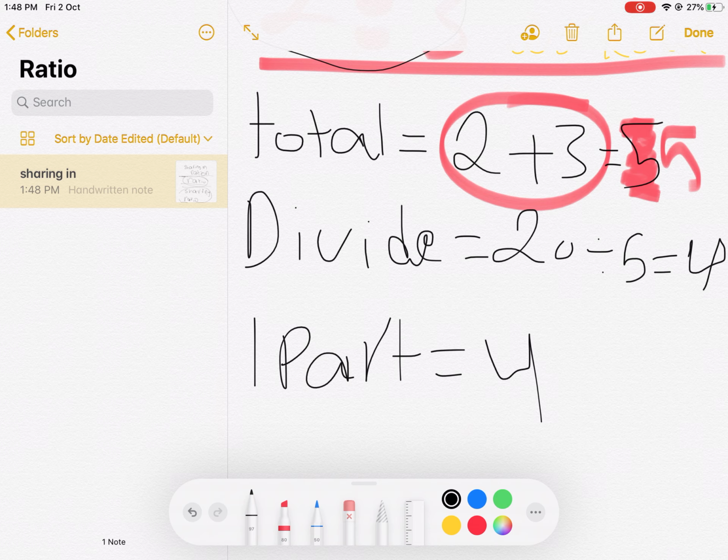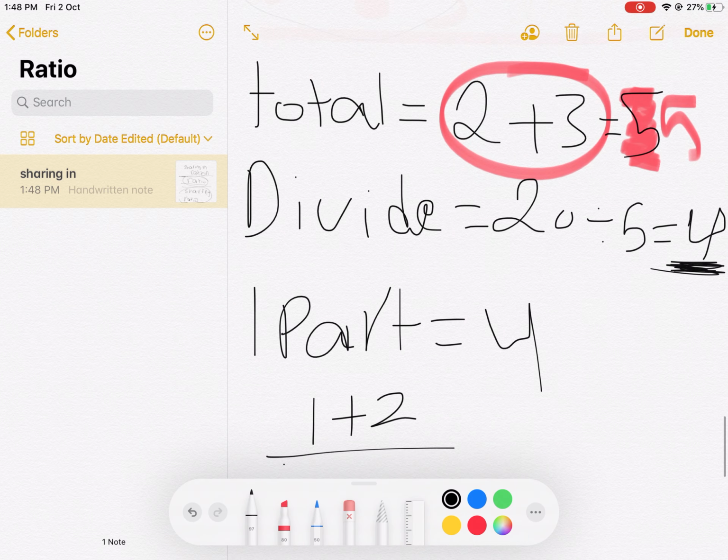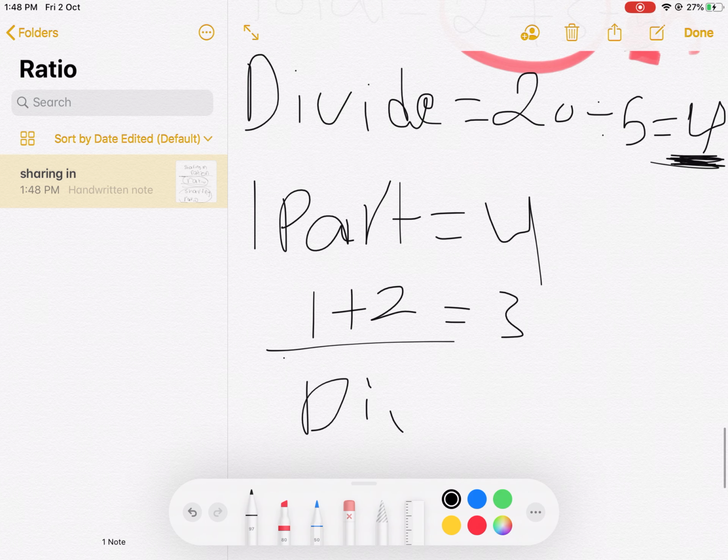They mean one part is always equal to the answer of the division. If I say 1 plus 2, which is the total, equals 3, then we divide. It says share 15 centimeters in the ratio 1 2, so 15 divided by 3 equals 5.